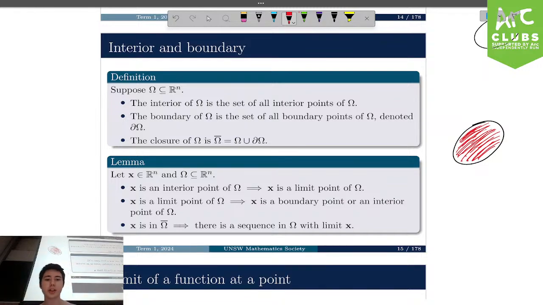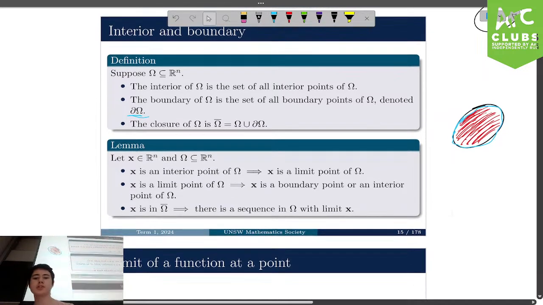Everyone can have a different ball size, it doesn't really matter, such that everything inside that ball is inside the set. Similarly, we can consider boundary points, okay, which are going to be just the boundaries. Too easy. Everything is a boundary point. So the boundary of a set, the boundary set, is the set of all boundary points. We denote this with a little fancier, I think it's delta omega, okay?